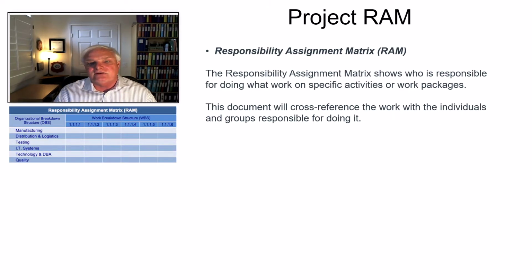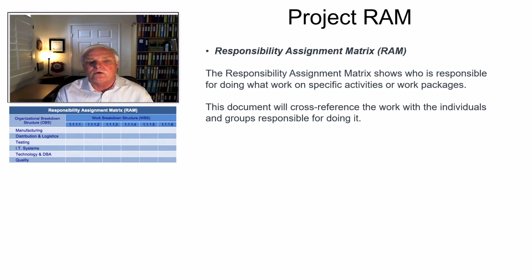In addition to that, you've got something else referred to as the project RAM, which is the responsibility assignment matrix. The responsibility assignment matrix can be broken down in two different ways. It can be broken down by individual, or by the functional group that's responsible for a particular area.